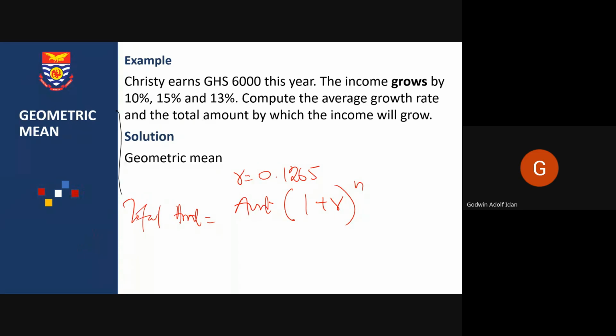The n is the number of years, and by the question it is 3 years. So we're going to have the 6,000 multiplying 1 plus 0.1265 raised to the power 3. So let's solve this one also.